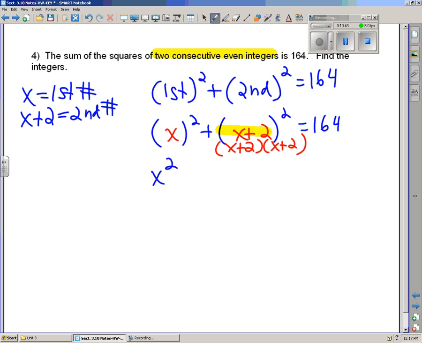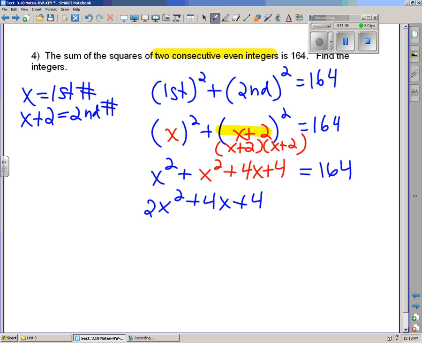So when I do that, it's going to give me x squared plus 4x plus 4. I did some stuff in my head. I did the outsides and insides, and I combined them already. Equals 164. Combine your like terms. 2x squared plus 4x plus 4 equals 164.